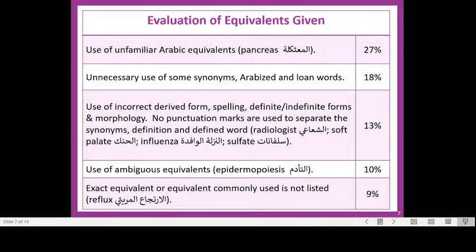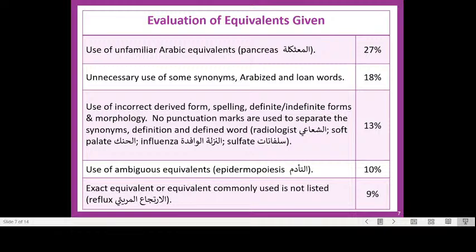Of course, the common term in Arabic that we use in everyday speech is al-pancreas. But al-mu'afkala is an old term and most people are not familiar with it. In 18%, unnecessary synonyms, Arabized words, and loan words were used.